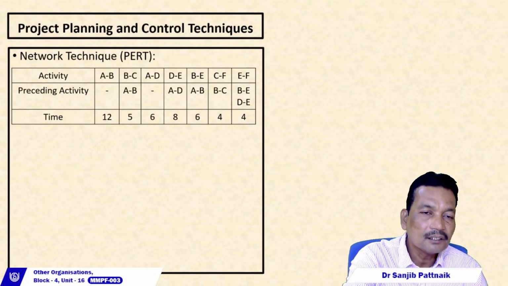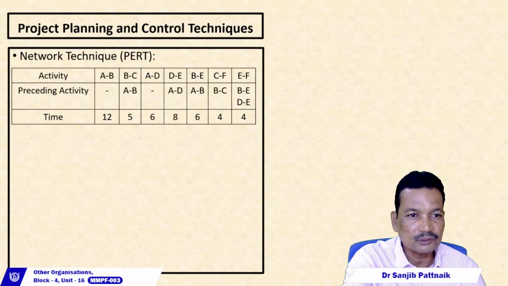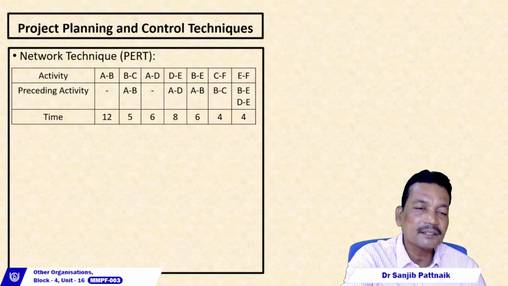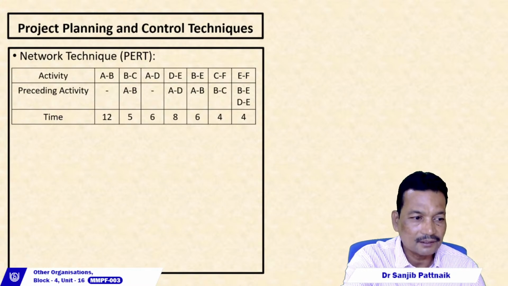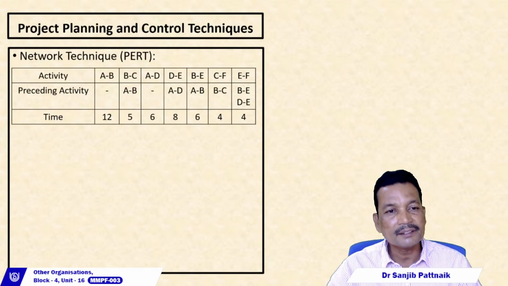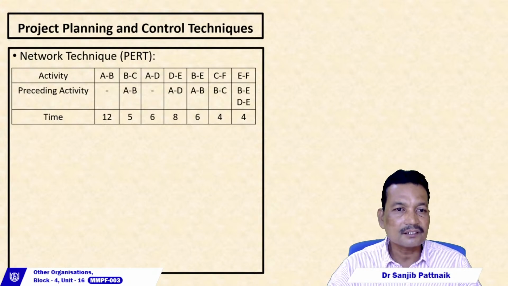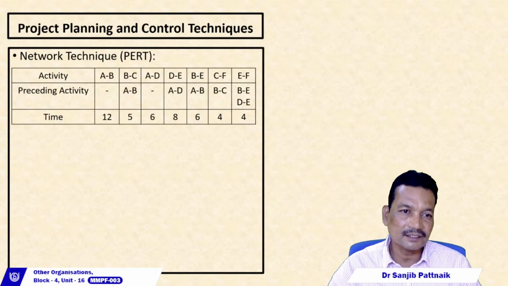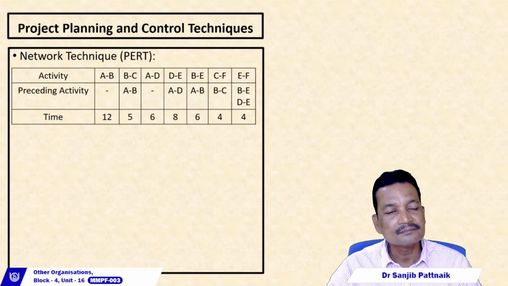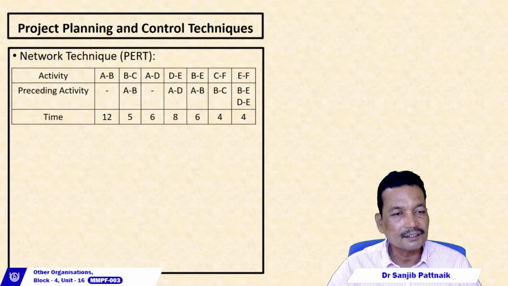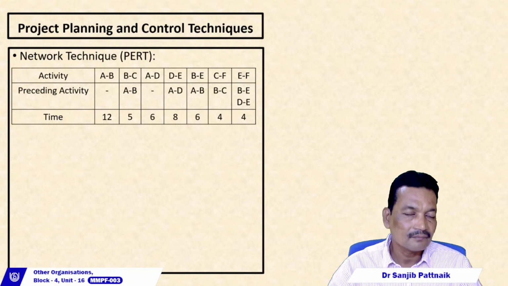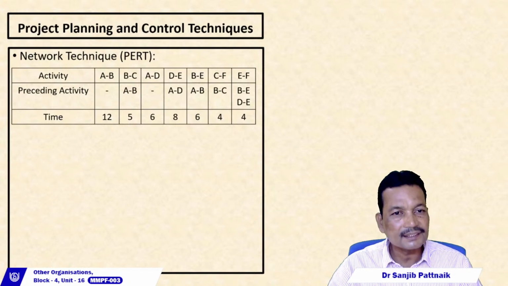Here is an example of various activities in a project and the respective preceding or previous activities of a particular activity. Suppose, for example, activity AB does not have any preceding activity, that means it does not have any activity before it. Activity BC has a preceding activity, that is AB.